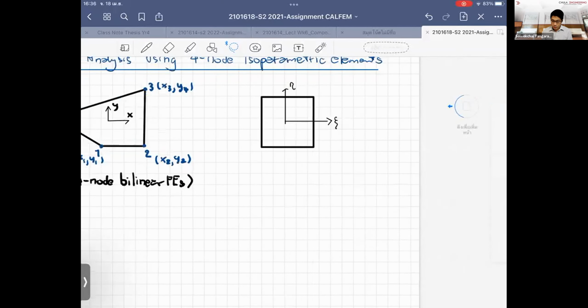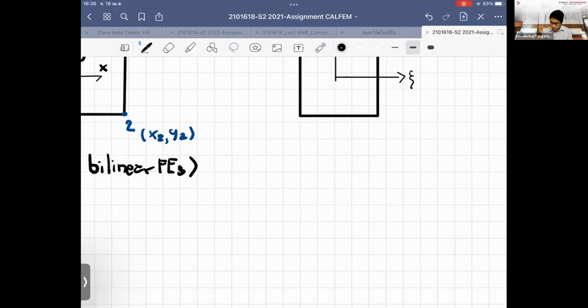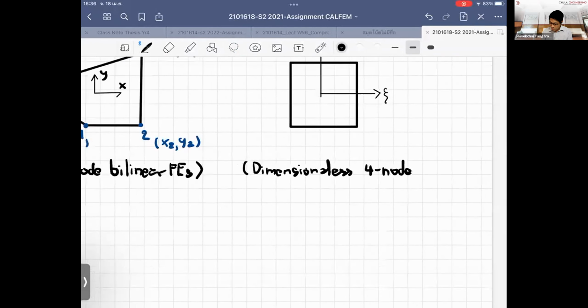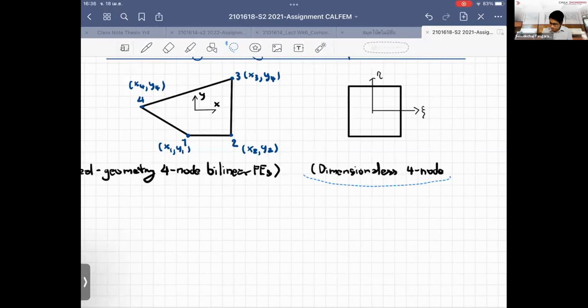And the right-hand side, we call this the unitless or dimensionless one. This is a 4-node isoparametric element.